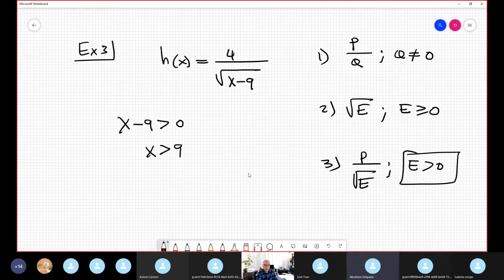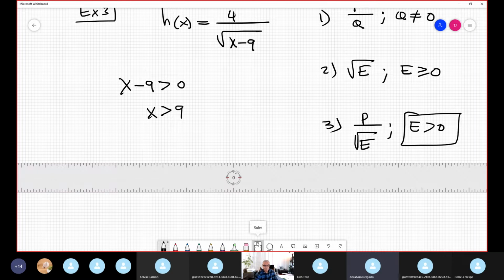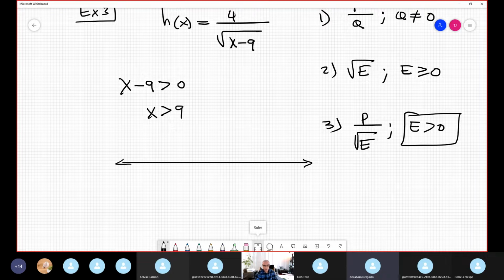Let's do the sketch of the domain on the real number line again. Infinity positive, infinity negative, 0 here, 9 I suppose here. Greater than 9 is this interval. Include 9? No. Why not?